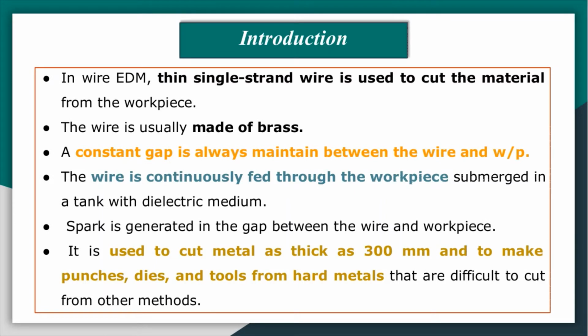Already we have discussed the working principle of the electric discharge process. This wire EDM also works on the same principle as the EDM process. Everything is the same, but in the wire EDM process, instead of a tool electrode, a wire is used as an electrode. So there is a traveling wire which serves as an electrode.